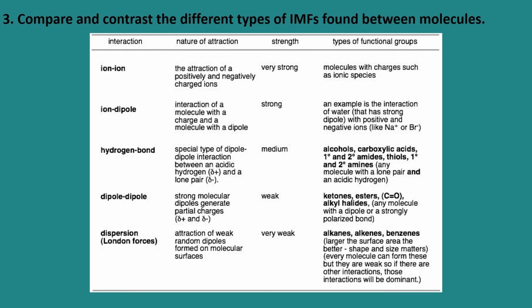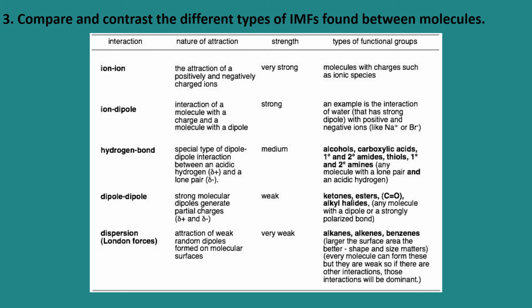That's why it is described as very strong. If you can remember, intramolecular forces like ionic bonds, which is what we call the ion-ion interaction, are stronger than all the IMFs or intermolecular forces.